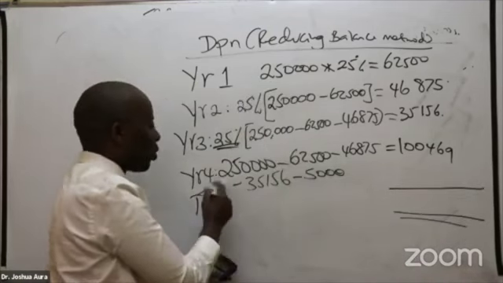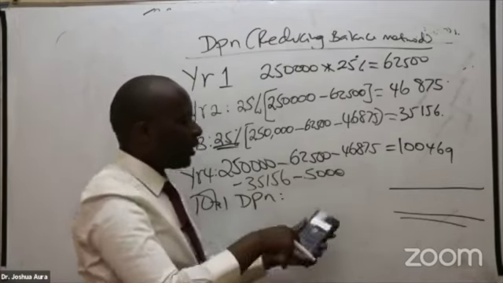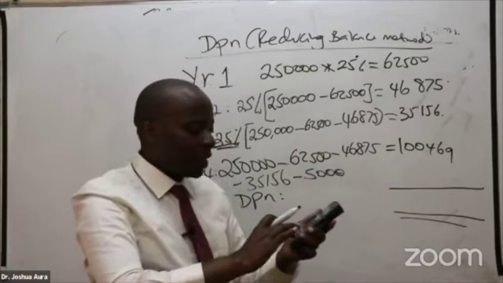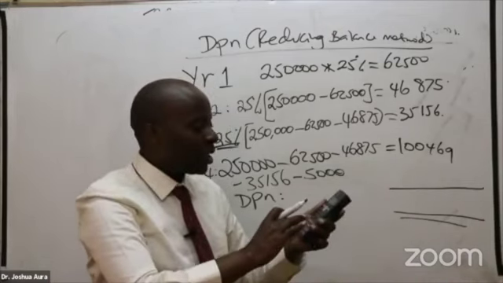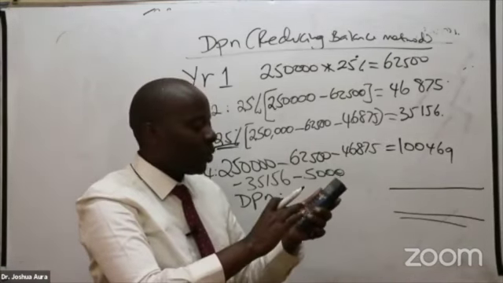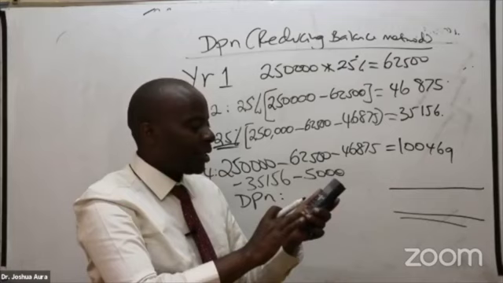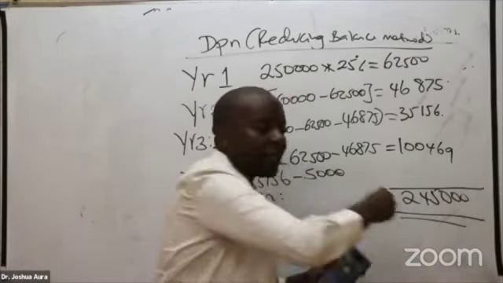If you want, you can see whether you're correct by doing a small reconciliation. Give us the total depreciation over the years. Take the figure that you have here, plus 35,156, plus 46,875, plus 62,500. This will give us total depreciation of 245,000 over the 4 years.